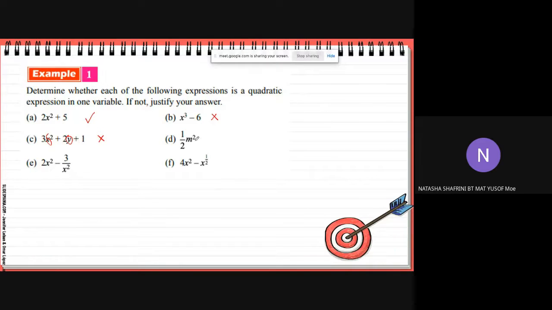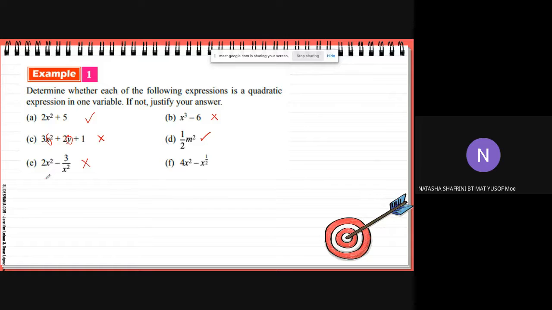Okay, how about 1 over 2m square? Okay, D, yes. Okay, E, yes. E, yes ke no? Ada yang jawab yes, ada yang jawab no. The answer is no. Why?